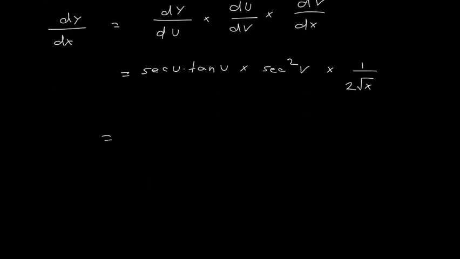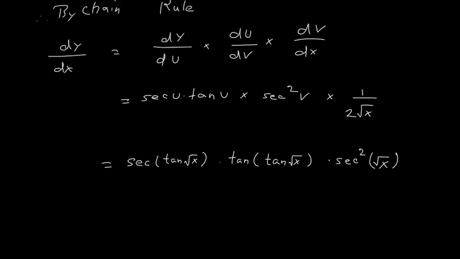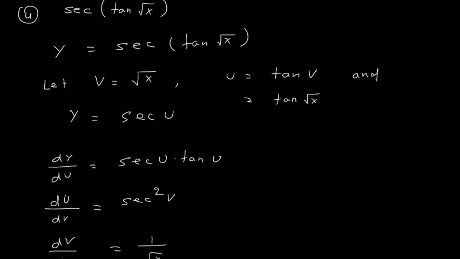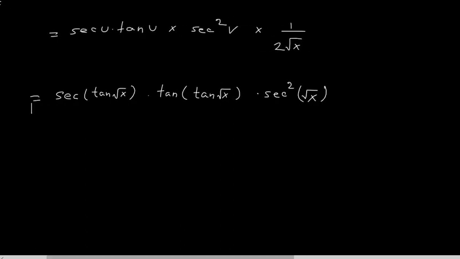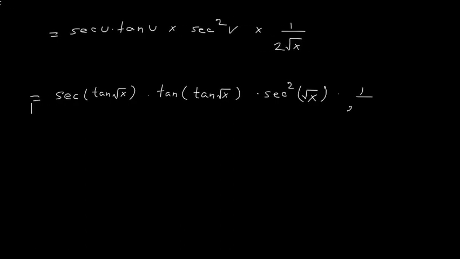So here I will say that this is sec of tan of root x into tan of tan root x into sec square of root x, since we considered v is equal to root x, and then into 1 upon 2 root x.